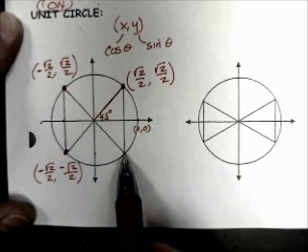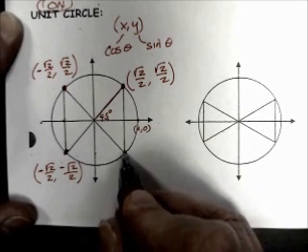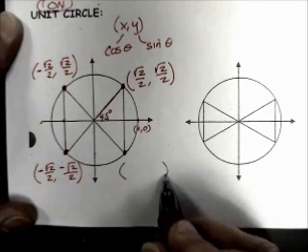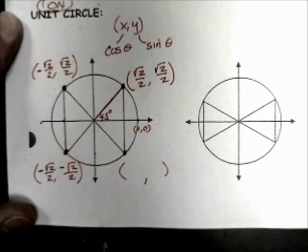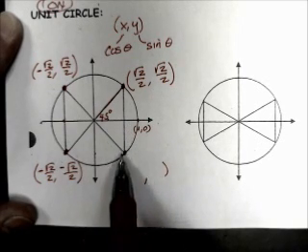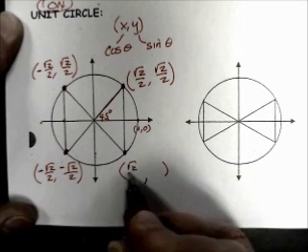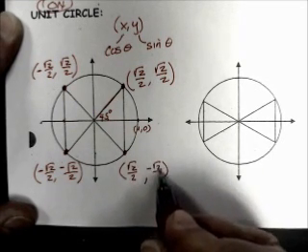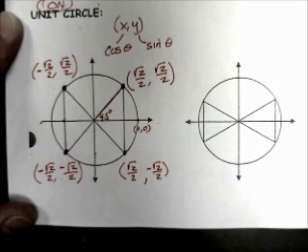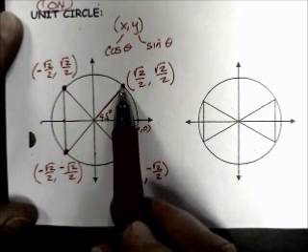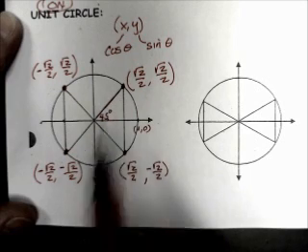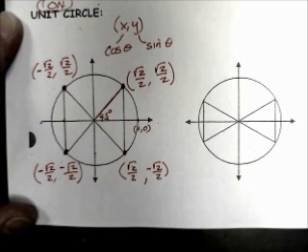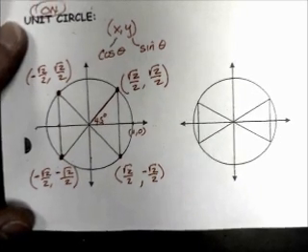And then in quadrant 4, this point would have coordinates x value positive, so square root of 2 over 2, y value negative, negative square root of 2 over 2. So if we're in quadrant 1, the coordinates of the point on the unit circle with angle measured 45 degrees would be square root of 2 over 2, comma, square root of 2 over 2.